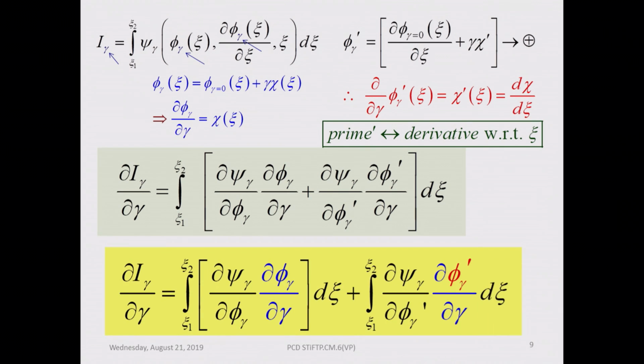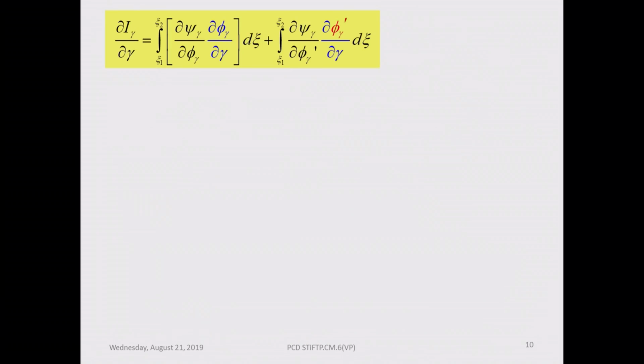So, I have written the same thing, but I have introduced a little bit of color code just to help us keep track of the terms. So, phi prime itself is a derivative which I have written here, and then there is another term which involves a derivative with respect to gamma. So, these are the things which are changing because of gamma, because of the control parameter.